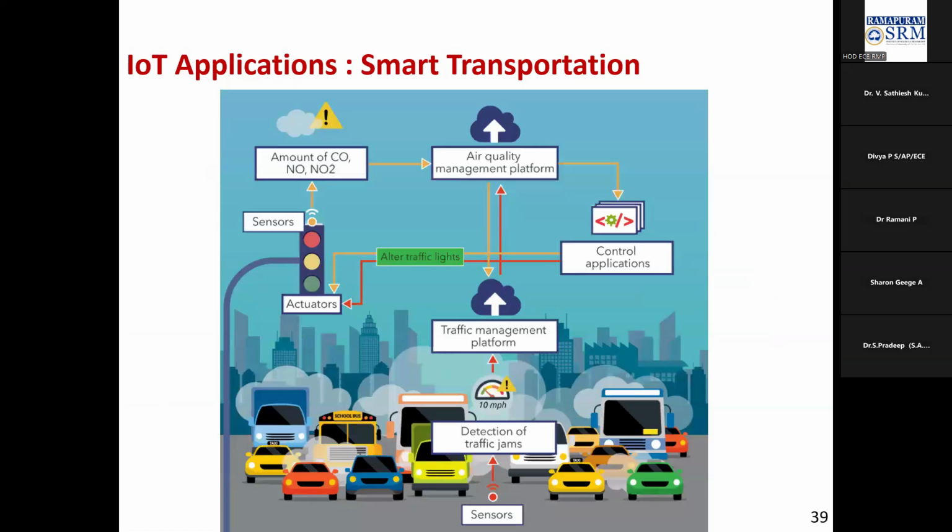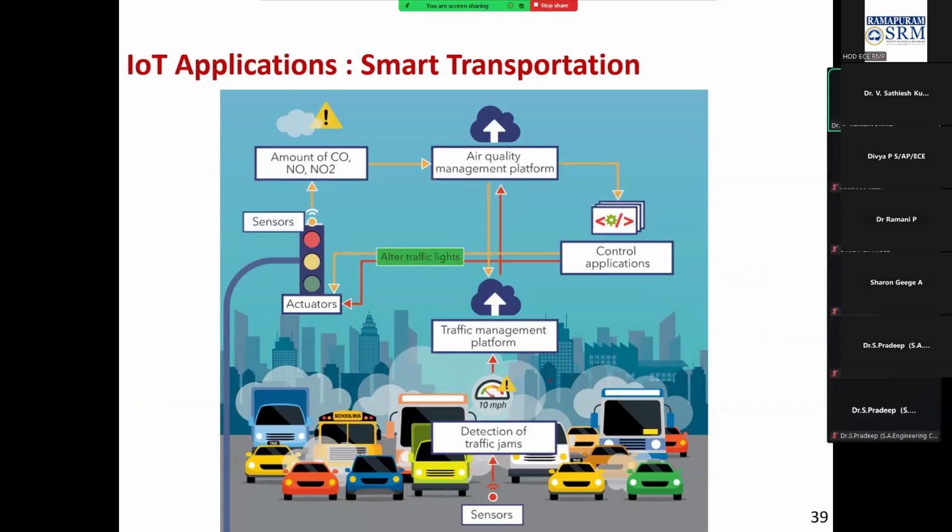In case of air quality, we can identify the traffic jams. Depending upon that, we can alter the traffic lights and divert the traffic. So based upon the air quality also, we can adjust the traffic lights and make the air quality better.